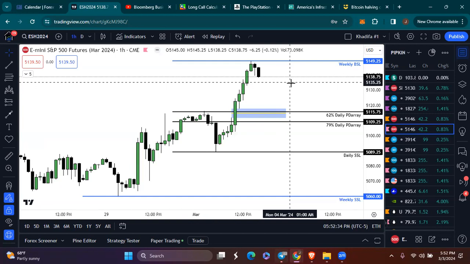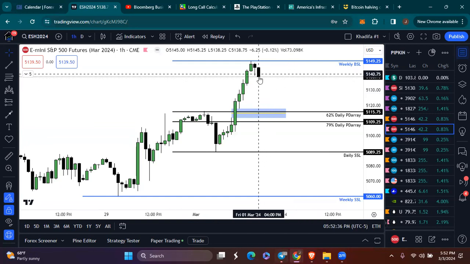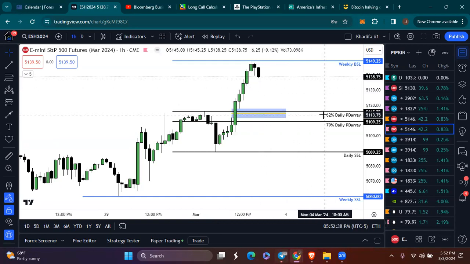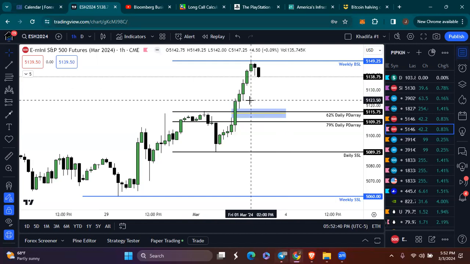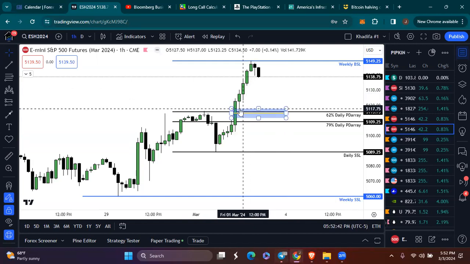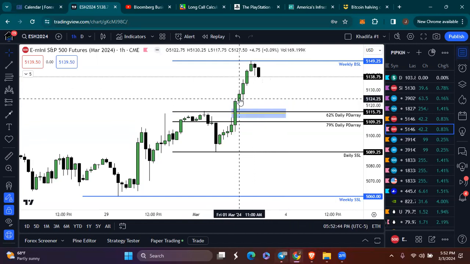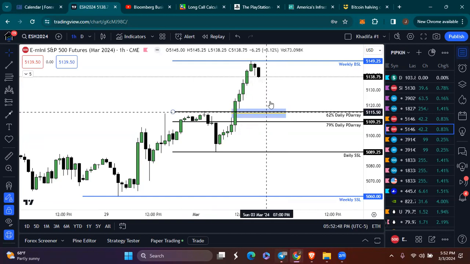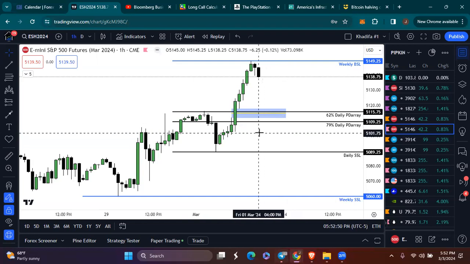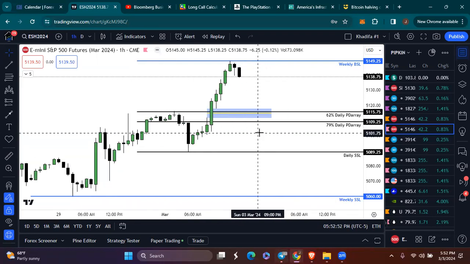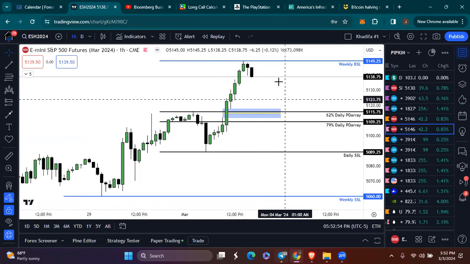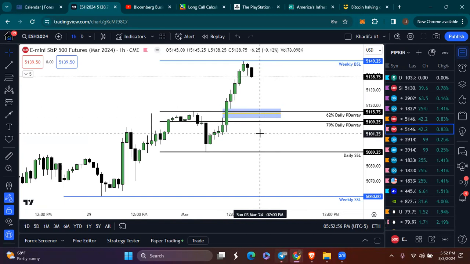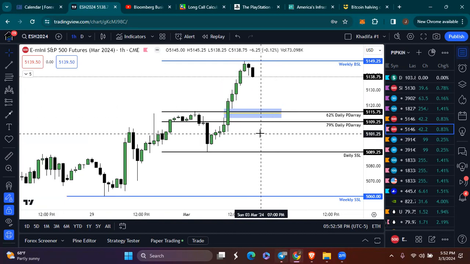Because sometimes price don't, right? Sometimes price may not even come down to the 62. It may just run this low here, on this hourly candle, and shoot off like a rocket. We never know what price is going to do, right? So it's all up to the individual trader, him or herself.